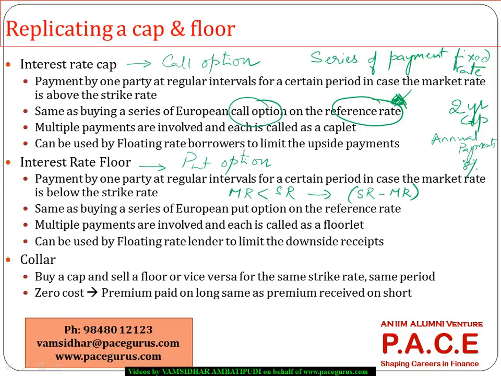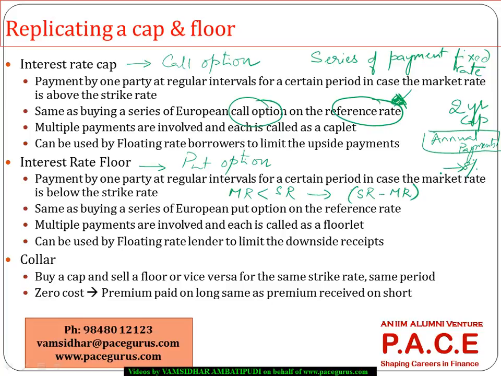So what does that mean then? Every year when you are making the payment, you will check whether that rate is above 8% or below 8%. If it is above 8%, you will fix it at 8%. If it is below 8%, you will go with the market rate itself. So for each payment there may be a different benefit.